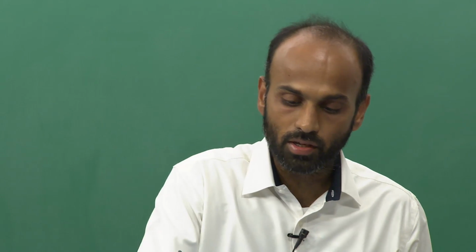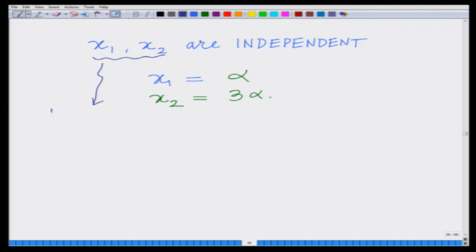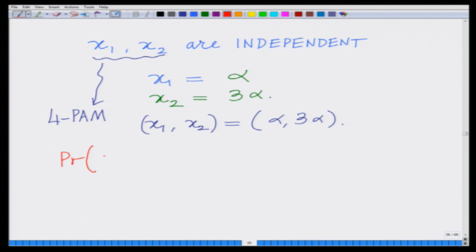We are given that x1 and x2 are generated independently, and we are asking the question, what is the probability that x1 is equal to alpha and x2 is equal to 3 alpha, that is x1 comma x2 is equal to alpha comma 3 alpha, and the answer is as follows: the probability that x1 equals alpha and x2 is equal to 3 alpha.